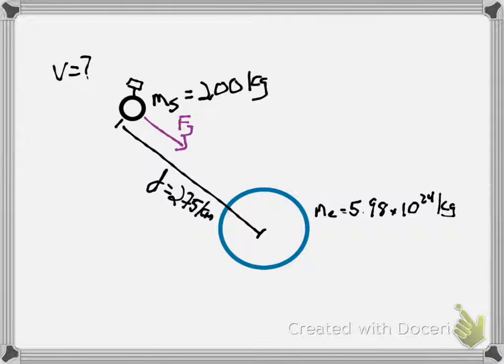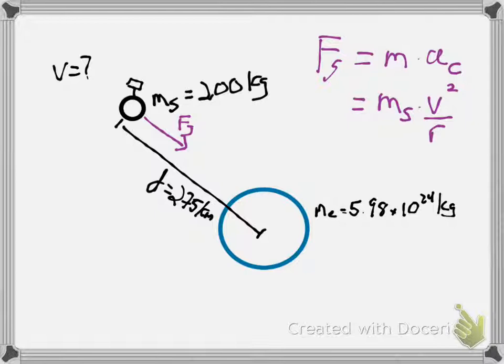And so I could start doing some math, and I could say that the force of gravity equals mass times acceleration. And now we're moving in a circle, so that acceleration is centripetal acceleration. So on the right, I would have the mass of the satellite times the speed of the satellite squared divided by the radius or distance of the satellite.